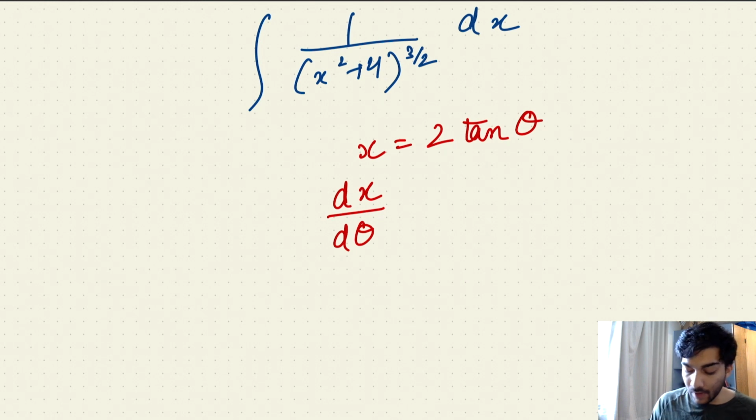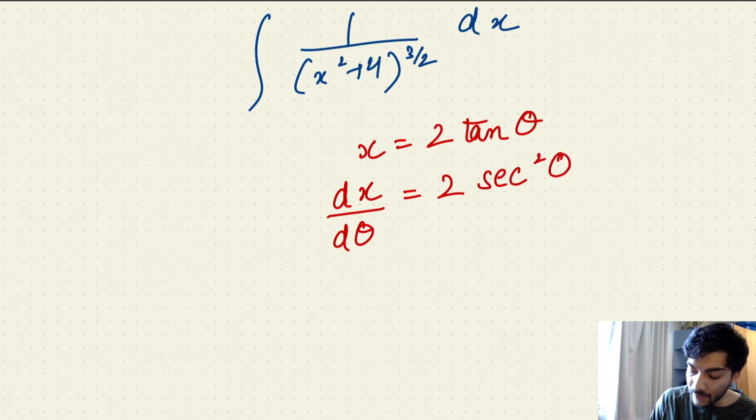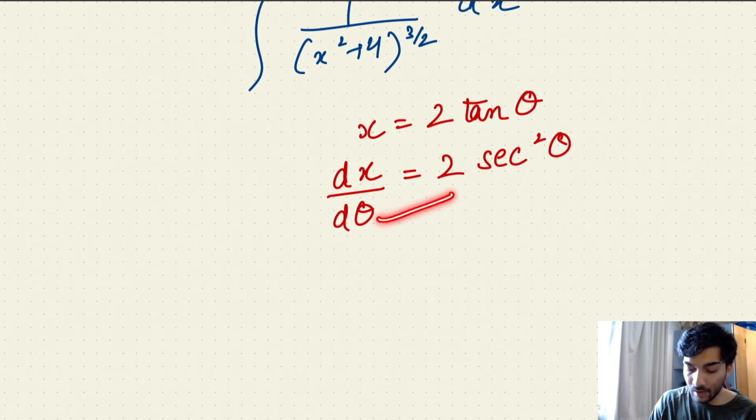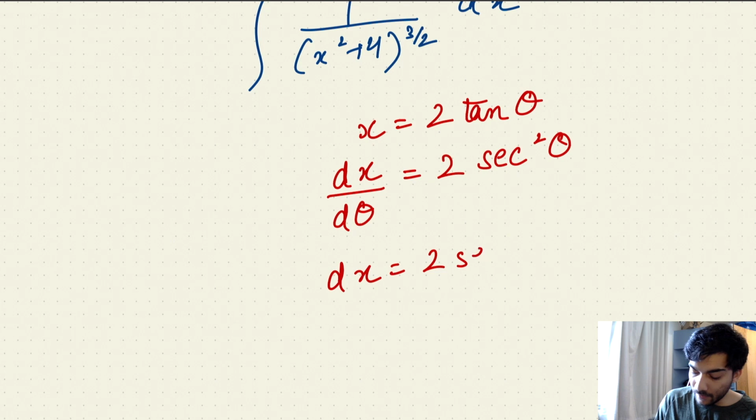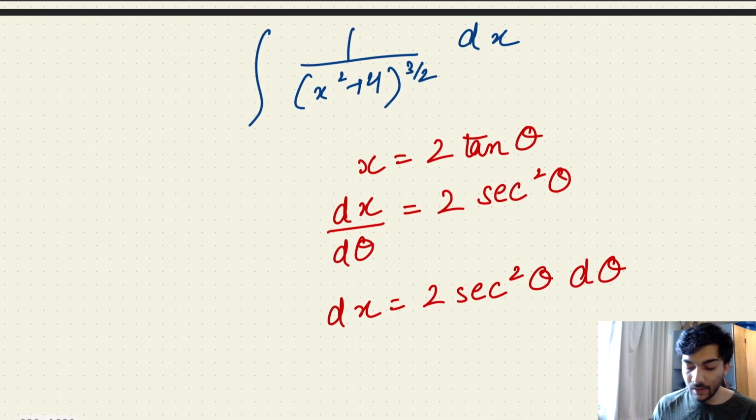This would be 2, and then the derivative of tan theta is basically secant square theta, so this would be 2 secant square theta, right? And now if we shift our d theta to the other side, our dx would be simply 2 secant square theta d theta.